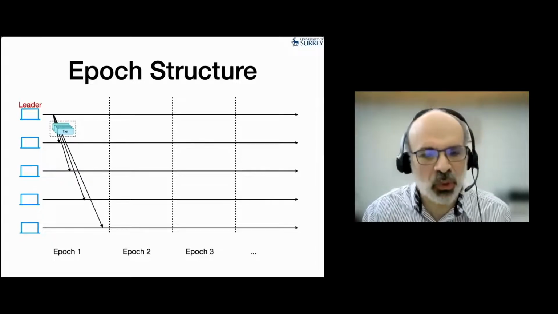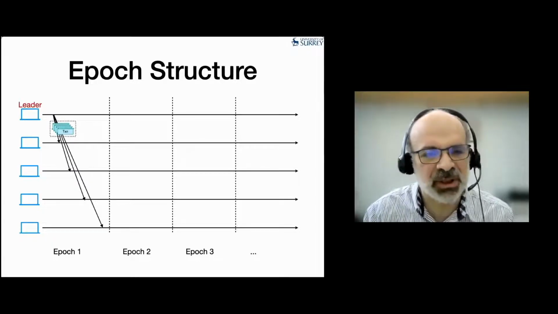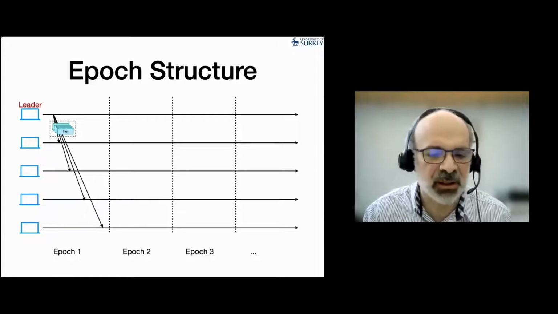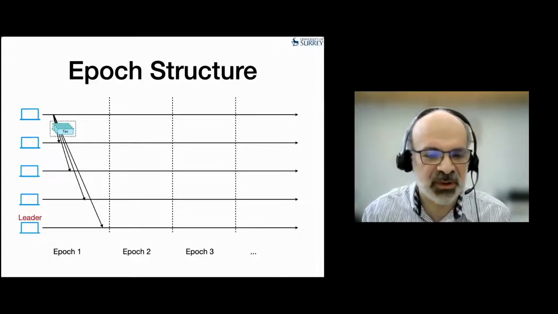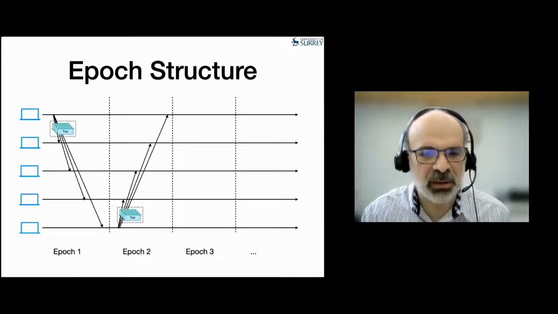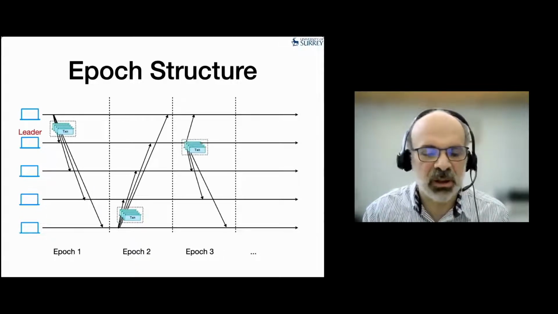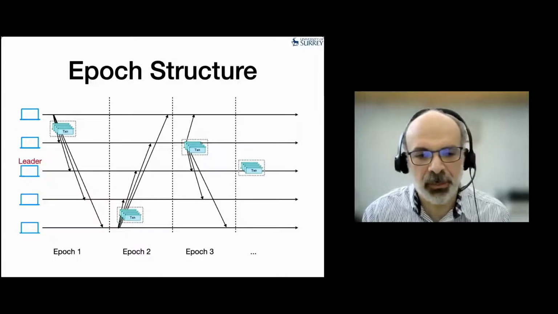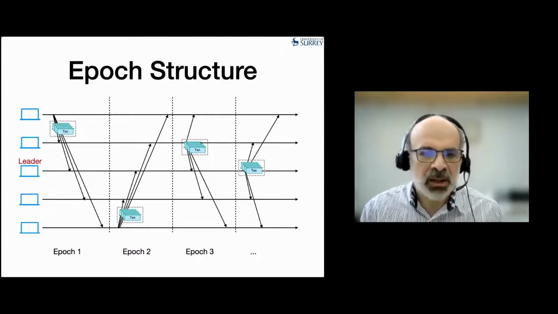Of course, this is oversimplifying greatly, but this is in essence what happens in Nakamoto consensus. So there are epochs like that: someone mines the block in an epoch, propagates the block, and everything is good.